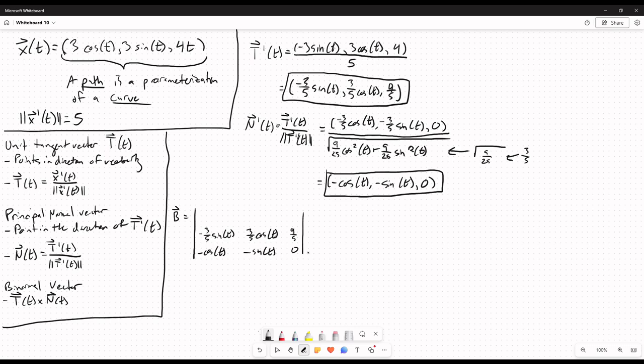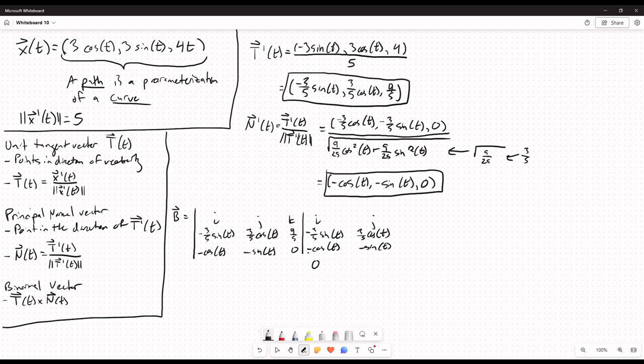Remember, we're going to rewrite the first two columns. And then let's go ahead and take that cross product.